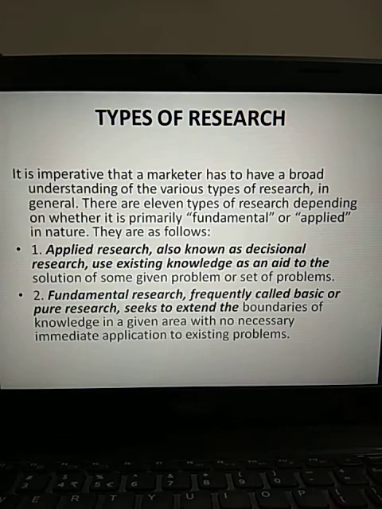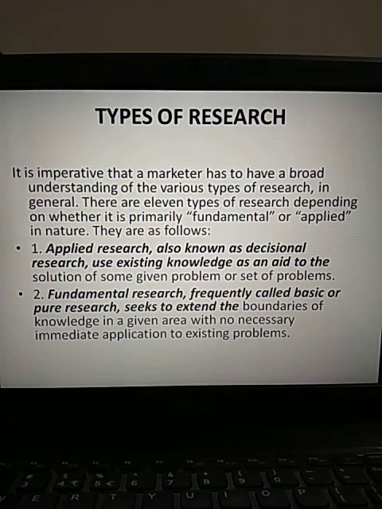Okay. It is imperative that a marketer has a broad understanding of various types of research. In general, there are 11 types of research depending on whether it is primarily fundamental or applied in nature. They are as follows. Applied research. So under applied research, what will be there?